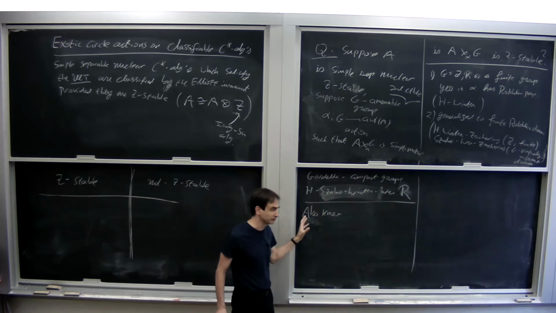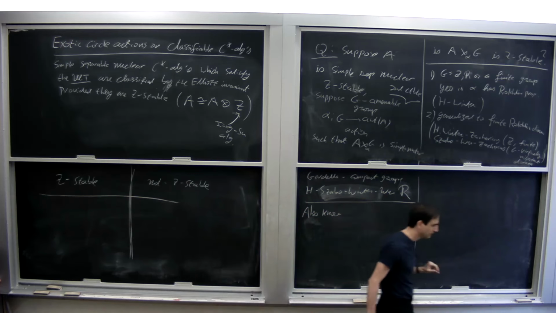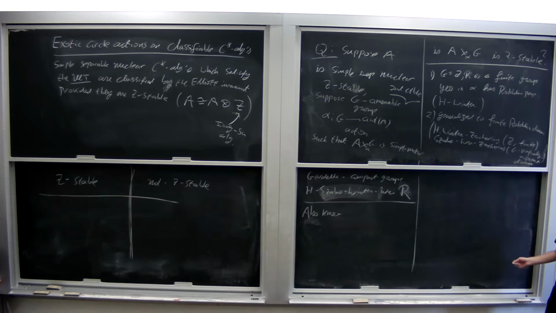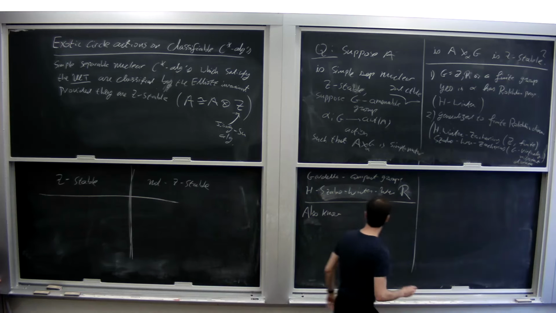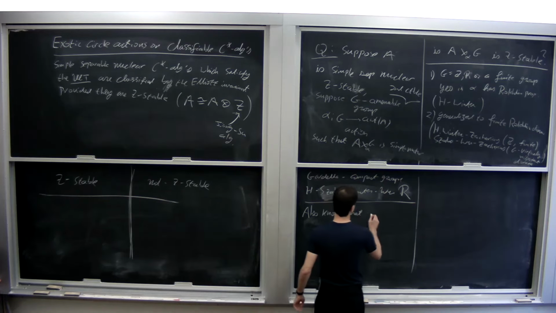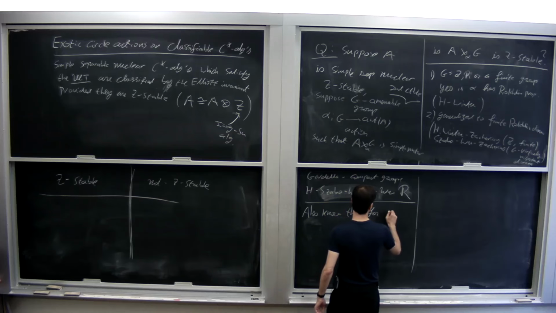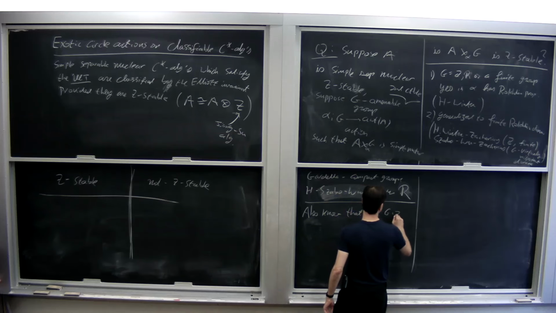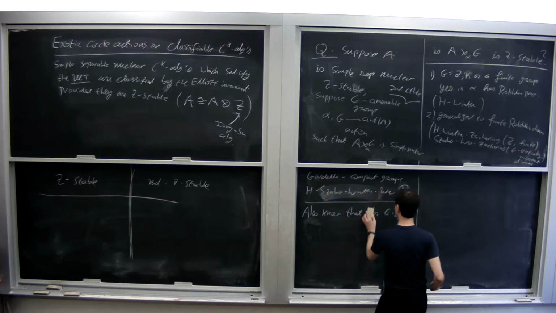They form a dense G-delta set in the automorphism group, or in the set of actions. So it's a reasonably common property.